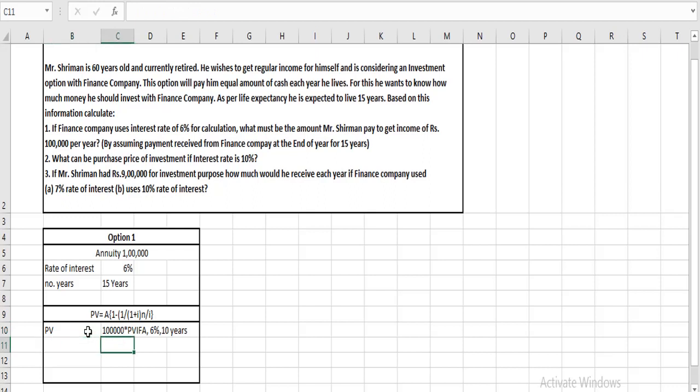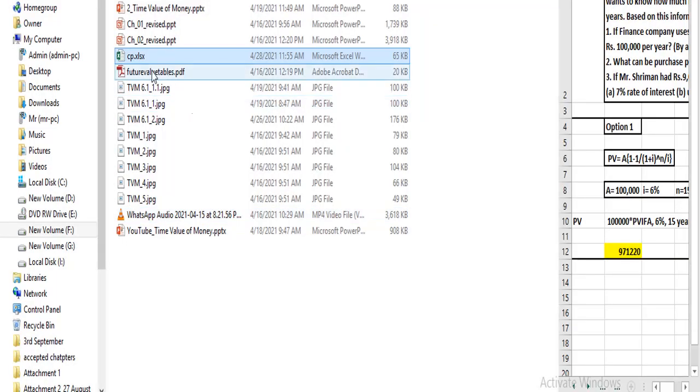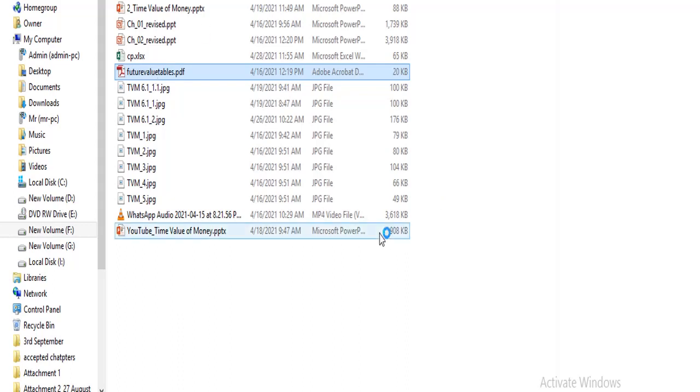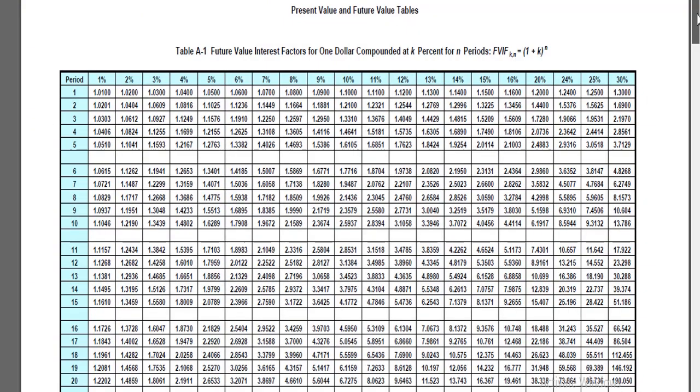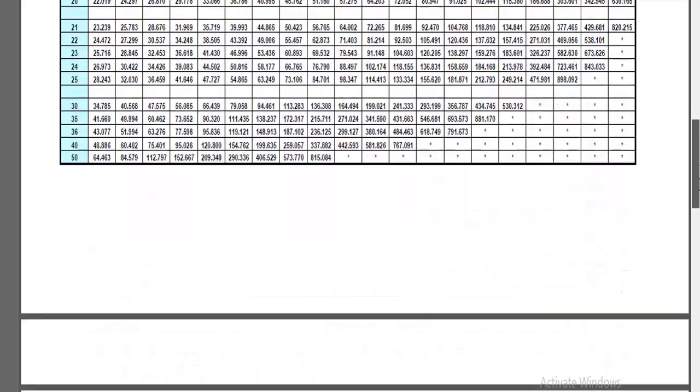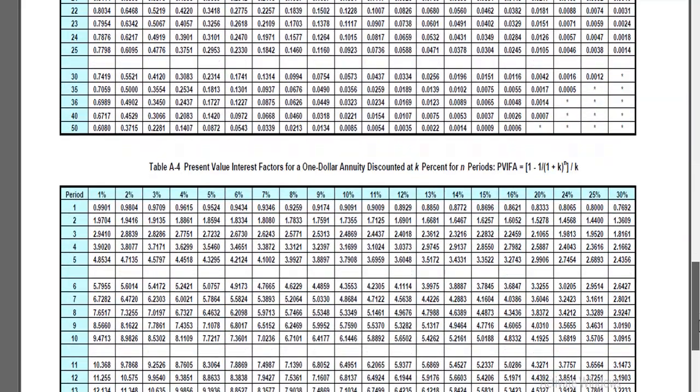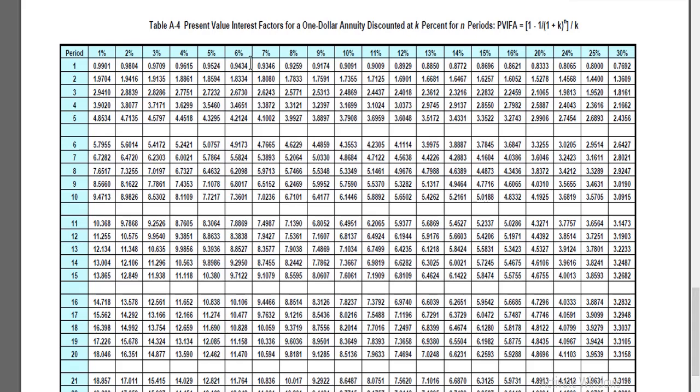Looking into the present value annuity table, the 6% and 15 years combination is 9.7122.